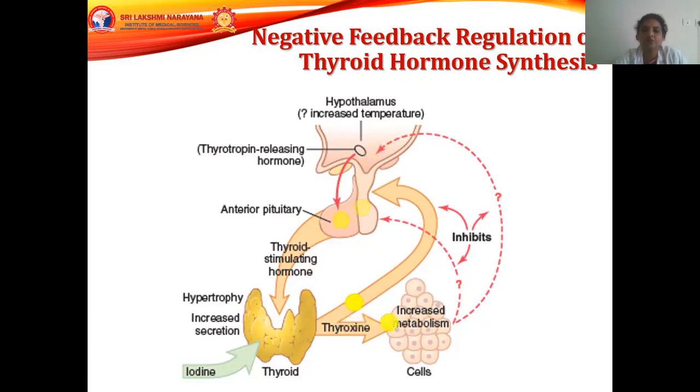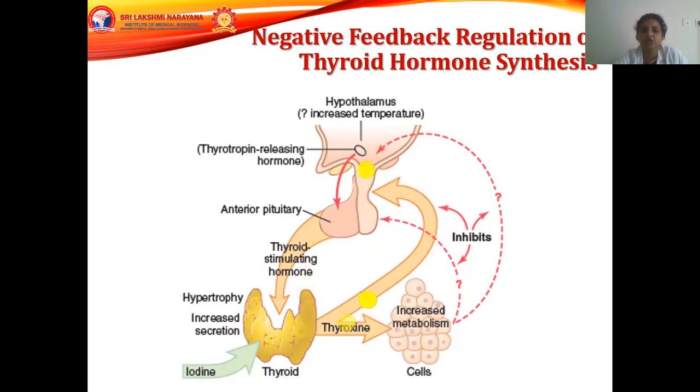So a negative feedback mechanism is initiated which causes the inhibition of the production of thyroid stimulating hormone from the anterior pituitary. So the thyroxine here will act as the product which is going to inhibit the production of its own.